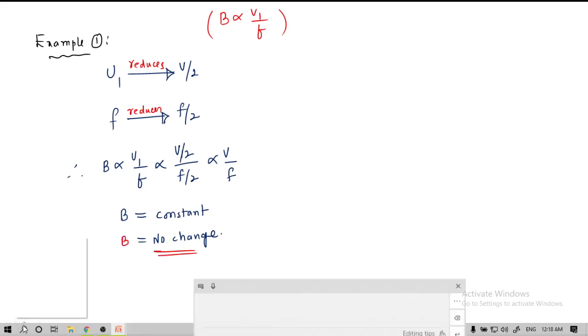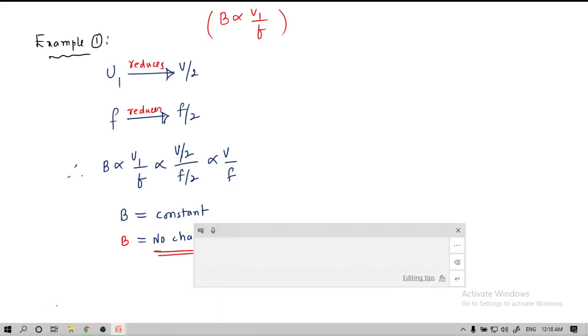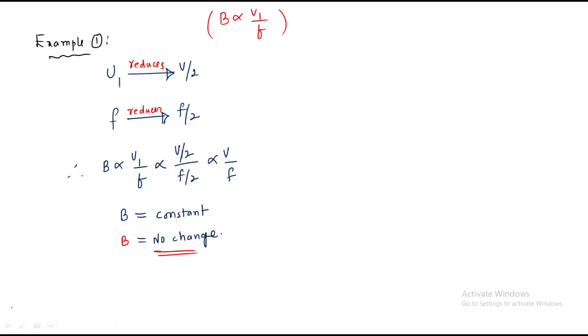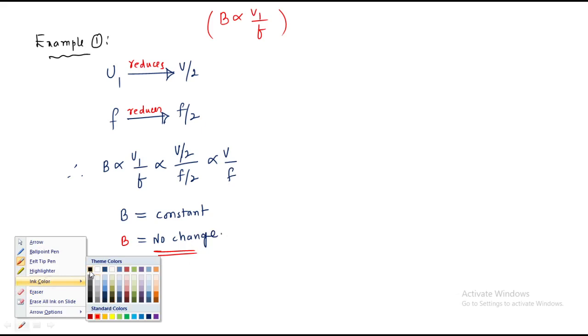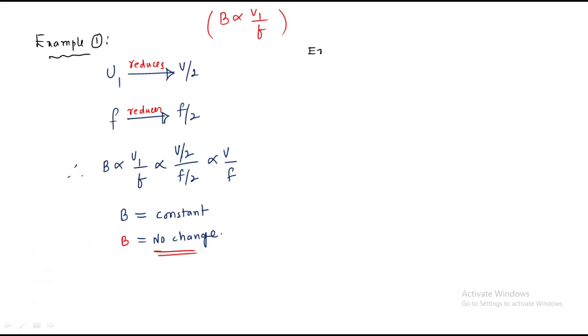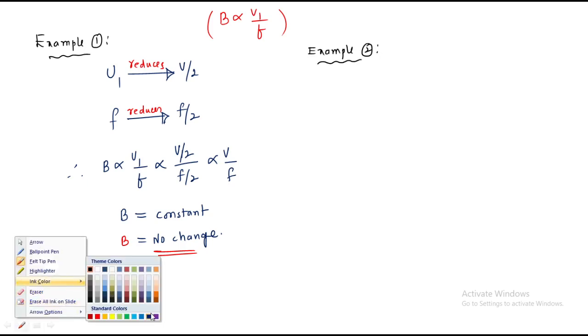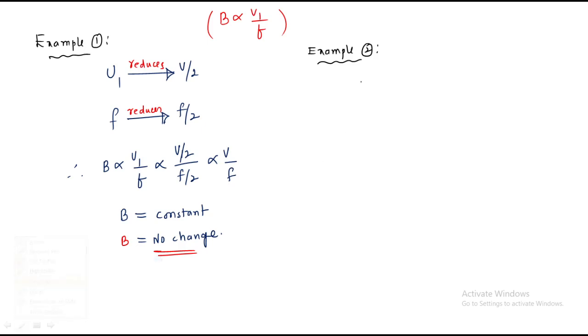Then coming to example 2. These observations are very important, please listen carefully. Now the supply voltage is reduced to half and the frequency is doubled.